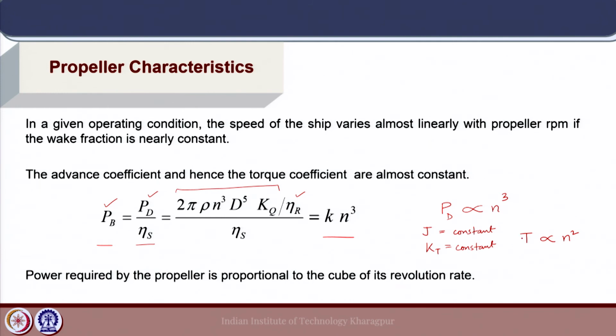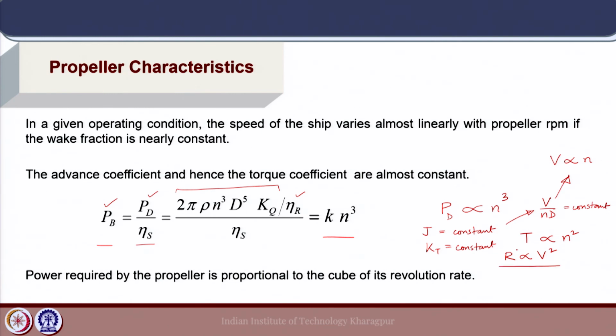Then we can write, again assuming that there is not much change in the thrust deduction, the resistance will be proportional to velocity square, because J is constant means V by nD is constant, then velocity will be proportional to n.